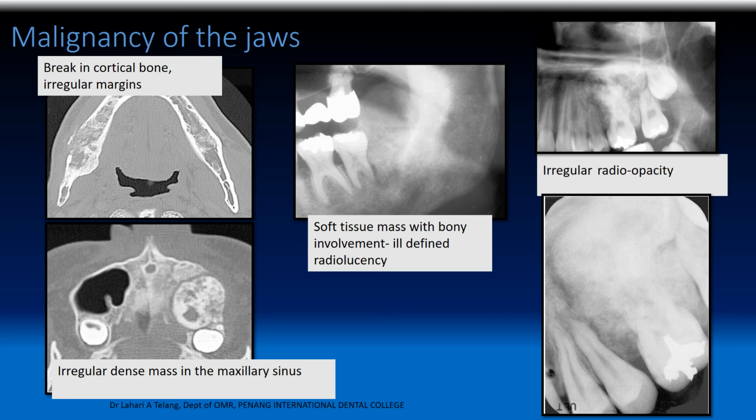You could also see irregular radio-opacities, which are ill defined and very dense in appearance, and also masses completely involving the maxillary sinus and giving an irregular appearance with non-uniform density, which are all suspicious of malignancies of the jaws.